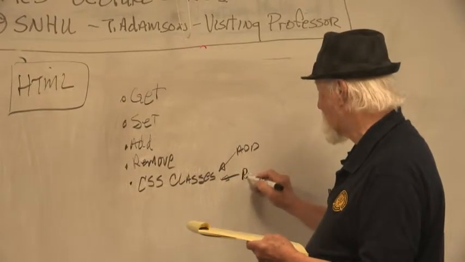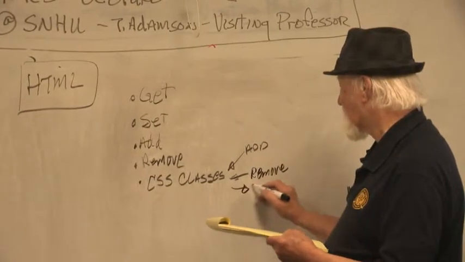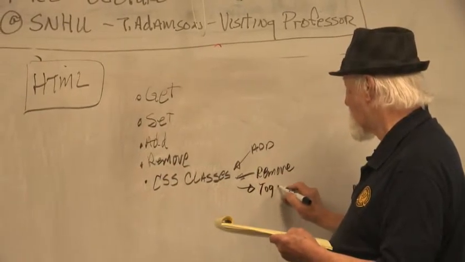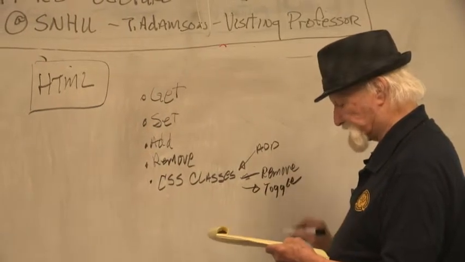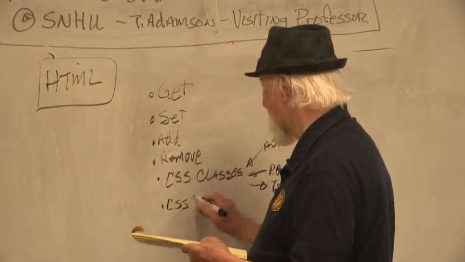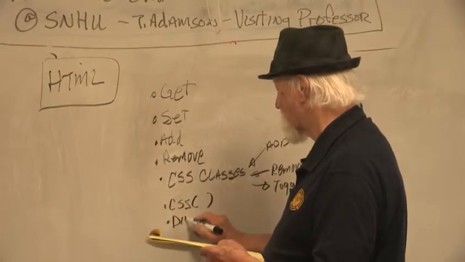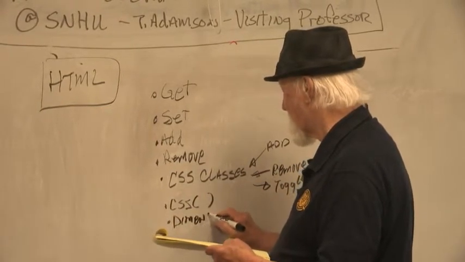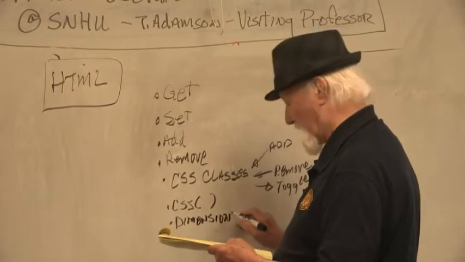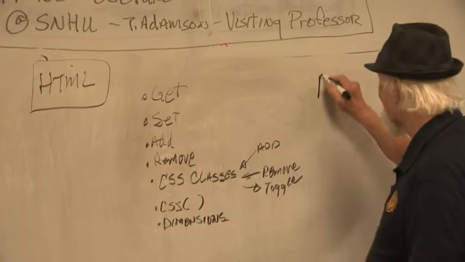So it can remove them, and it can also toggle classes. It can do almost anything with cascading style sheets. And it can go and get dimensions of objects. And it can also do AJAX.